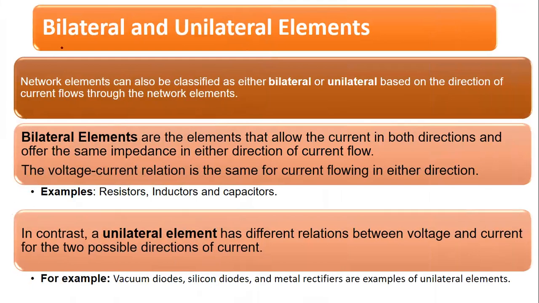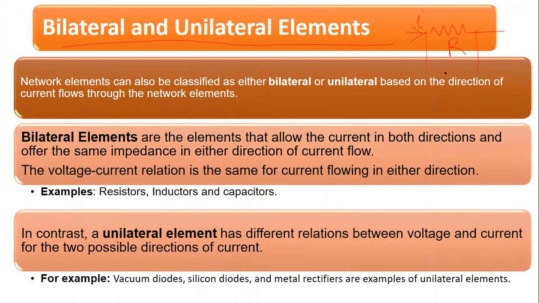Now we have bilateral and unilateral elements. Guys, for example, there is a resistance which has a value R. Now if some current flows through this resistance, and let us say this current is I, what will be the voltage if you measure across these two terminals?